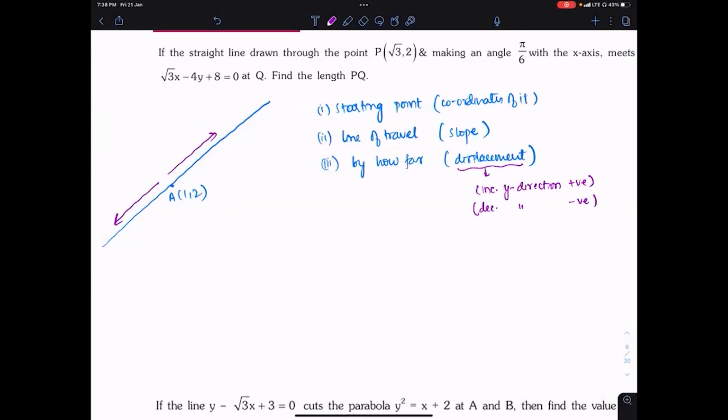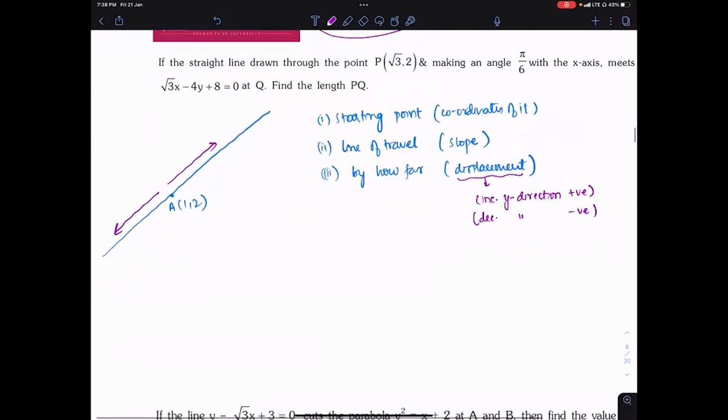Slope, you all know slope. It is tan theta, where theta is the angle made by the line with the positive x-axis. Starting point means starting point. If you know these three things, then we can find the coordinates of the endpoint.